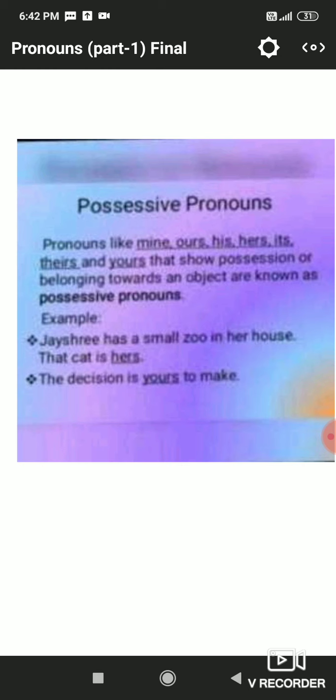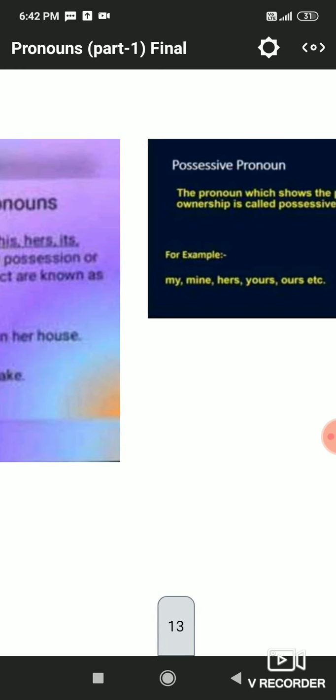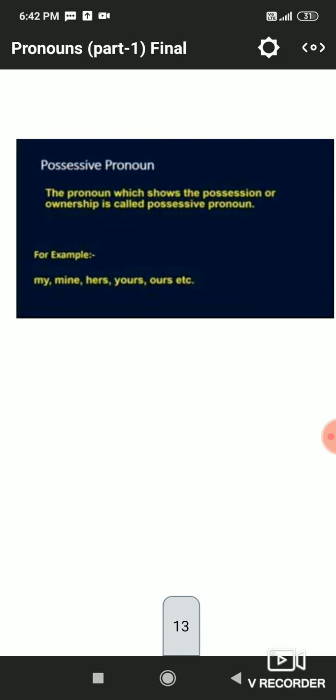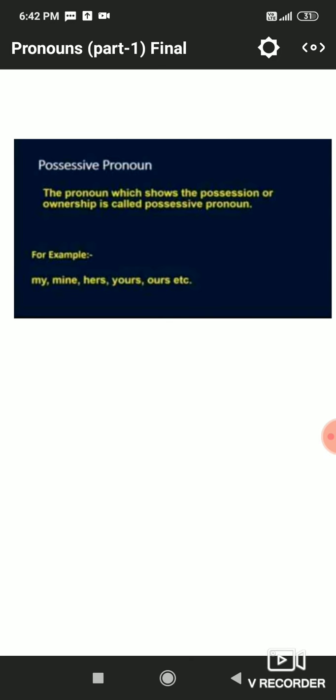The decision is yours. Whose decision? Your decision. So here the word yours is also showing possession, so it is also known as a possessive pronoun. The pronoun which shows possession or ownership is called a possessive pronoun. For example, my, mine, hers, yours, ours. That house is ours. This is my book.